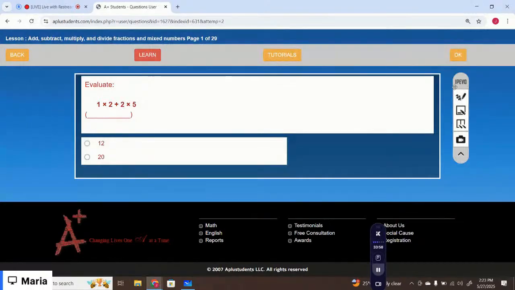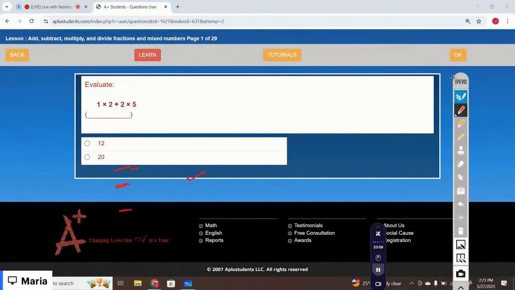1 times 2 plus 2 times 5. In multiplication and addition, we are given two operations, right. So multiplication has higher priority, so we will multiply first. Going from left to right, 1 times 2 is 2. Again, we have addition and multiplication. Multiplication has higher priority, so we will multiply. 2 times 5 is 10.